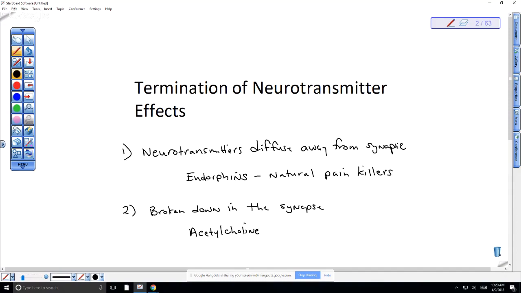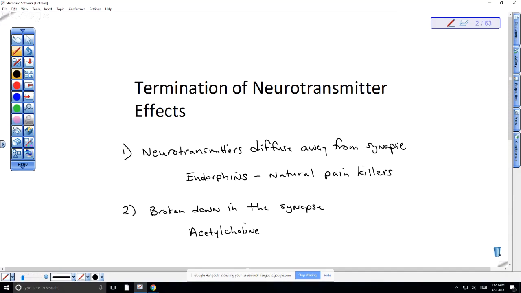You may have learned a little bit about acetylcholine in lab, because acetylcholine is released between motor neurons and skeletal muscles. So this is the name of the neurotransmitter that is released between the motor neurons and the skeletal muscles.